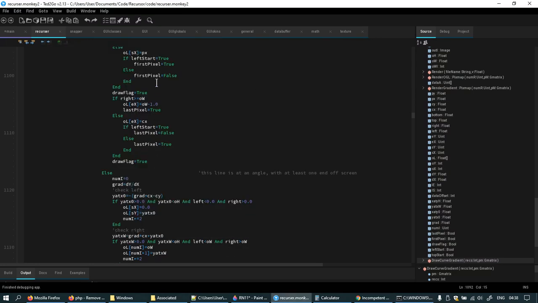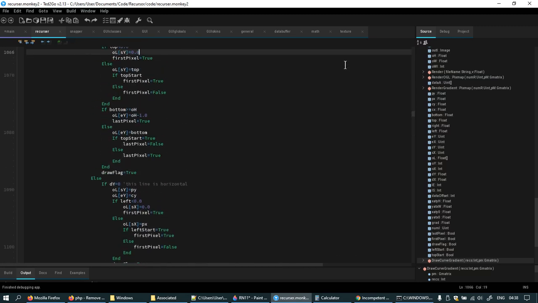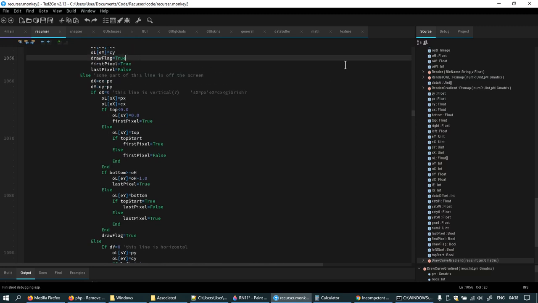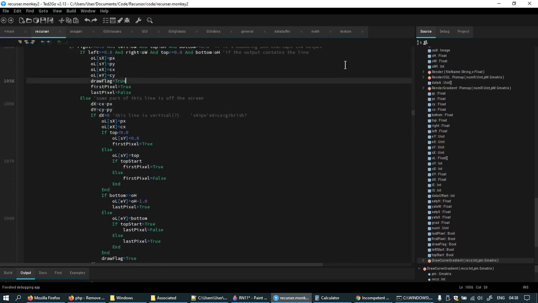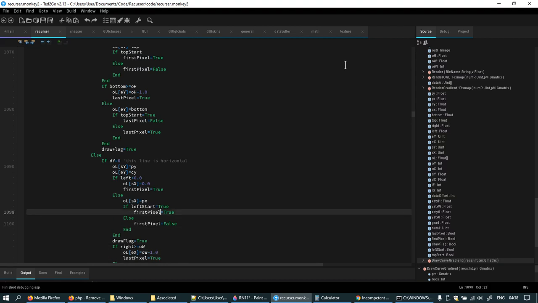Okay. Right, let me check this. In this case, the line is horizontal. dx is definitely not 0. dy, pretty sure is 0.